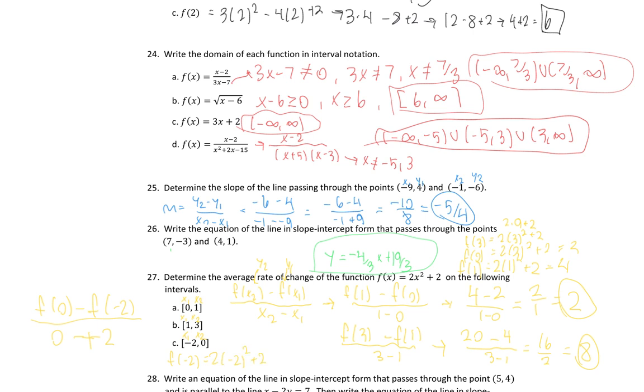Negative 2 squared is 4, so 2 times 4 plus 2, which is 8 plus 2, is 10. So it's going to be f of 0, which we figured out earlier was 2, minus 10 over 2. So negative 8 over 2, which is going to give us negative 4 for part C.